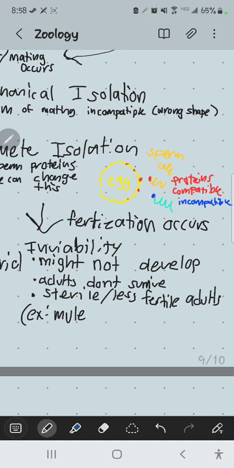You can correct me if I'm wrong. The chromosome number of a horse is 64 chromosomes. So when I say 2n, what I mean is that their diploid number is 2n is 64 chromosomes.